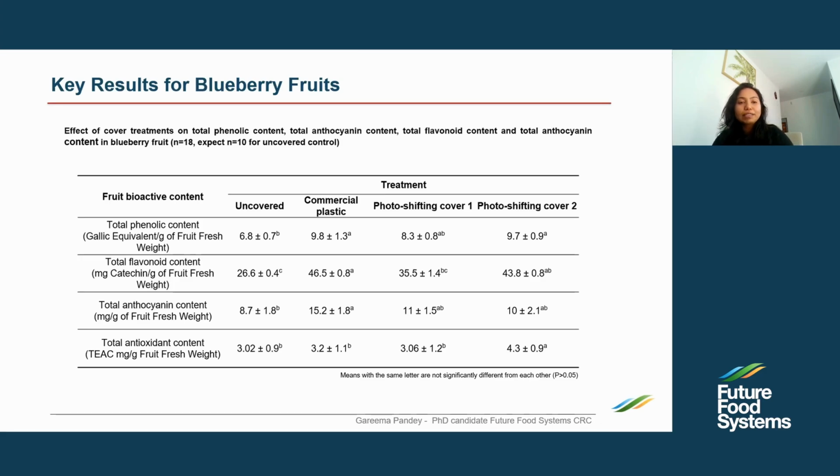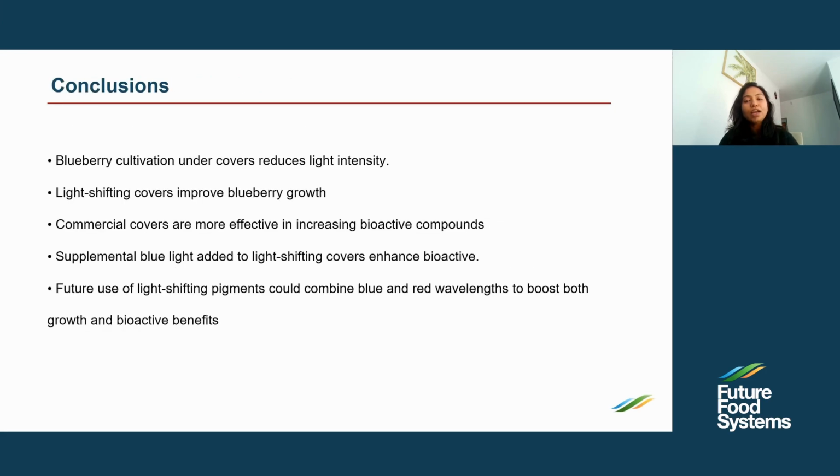Which is obvious, there must be some trade-off where the energy allocation goes more towards growth rate rather than fruits. So the conclusion from the study is that the light shifting covers improve blueberry growth rate, but some improvements will be required, and we have seen the photoselective covers performing best in the shaded environment, or during cloudy and winter days.